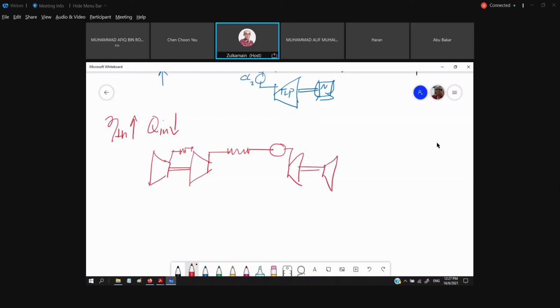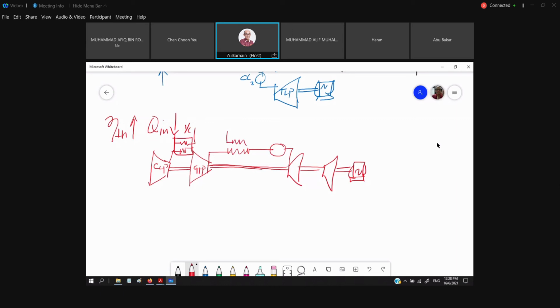We have one shaft, only one shaft. And this is our W net. Compressor, low pressure, compressor, high pressure. This is our intercooler, IC, intercooler. This is our heat exchanger.